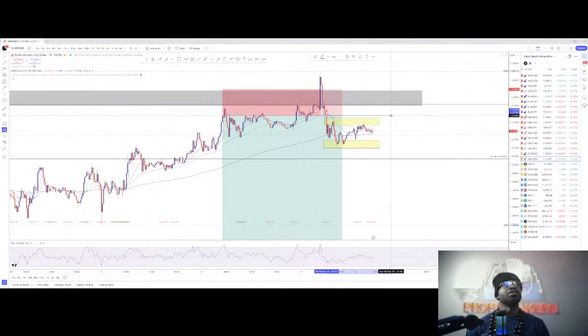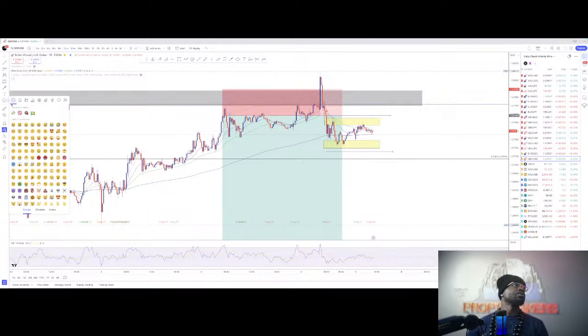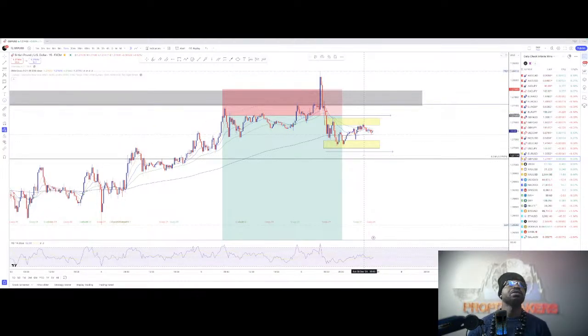Use our arrows to let us know that we have money above it, money beneath. Same thing. Alert right above, and we put an alert below.